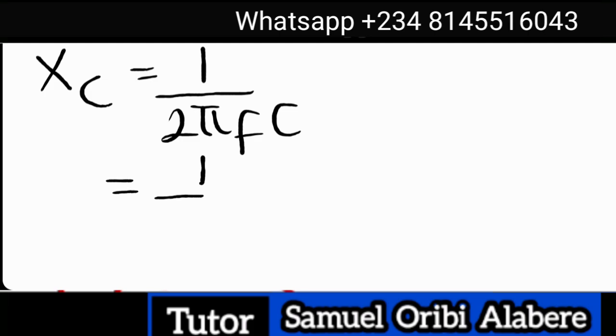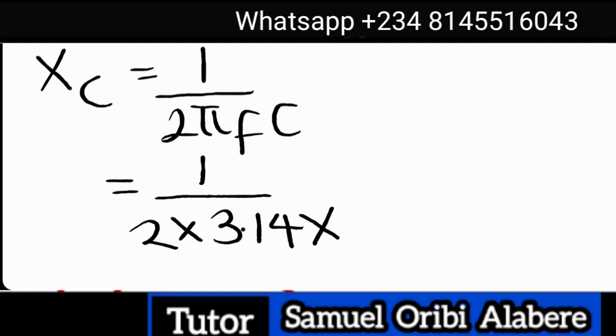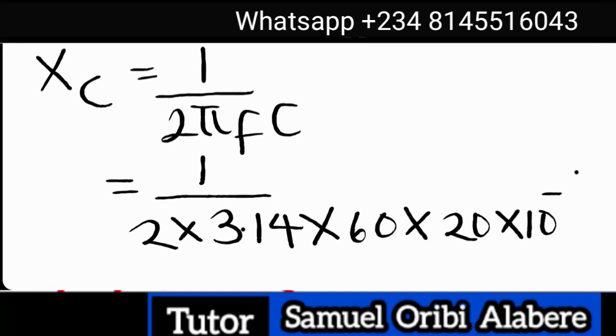1 all over 2 times 3.14, which is the value of pi, times 60 times 20 times 10 raised to the power of minus 6.